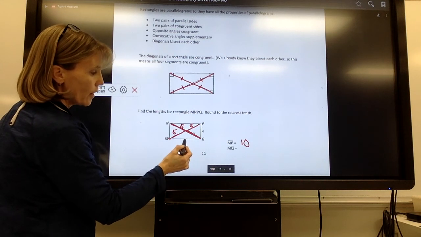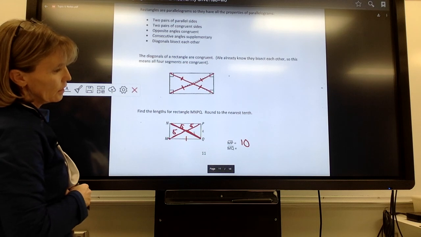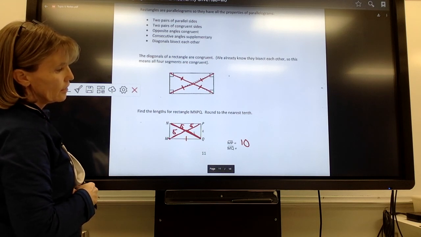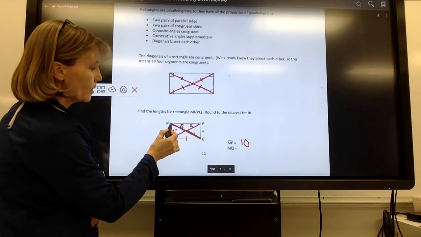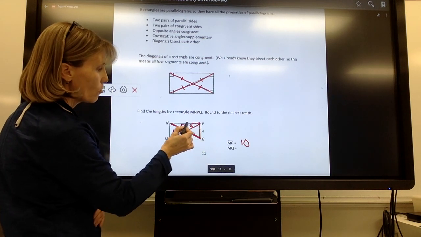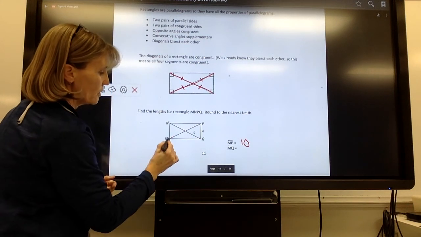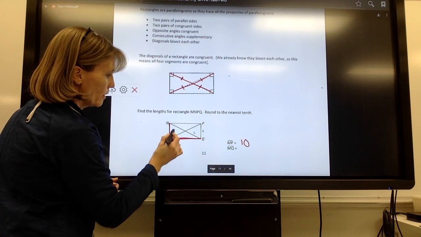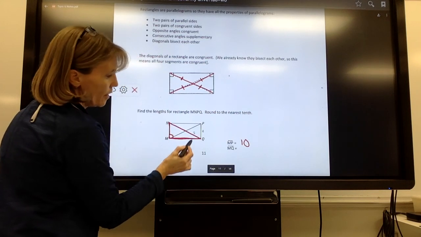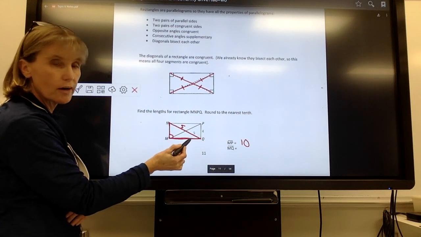M to Q I would have to work out, because that's a triangle, so we're going to have to figure out what the distance is. We'd have to do a right triangle here. So let's just focus in. If I want the distance from M to Q, I know that this is 5 and this is 5. That makes the hypotenuse of the right triangle 10.